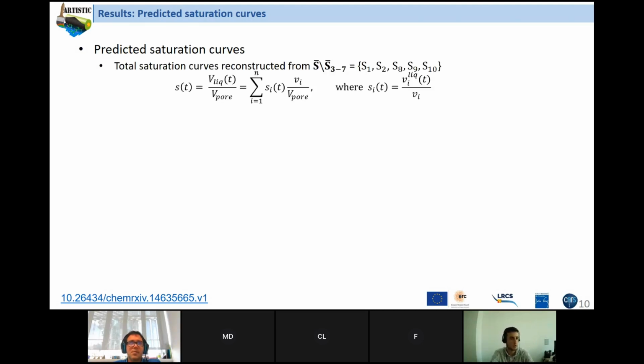So the way we construct the total saturation curves was by doing a weighted sum of the individual saturation curves of each of the pores, weighted by the ratio of the volume of this pore with respect to the total microstructure volume, right? Not with respect to the total pore volume of the original microstructure.